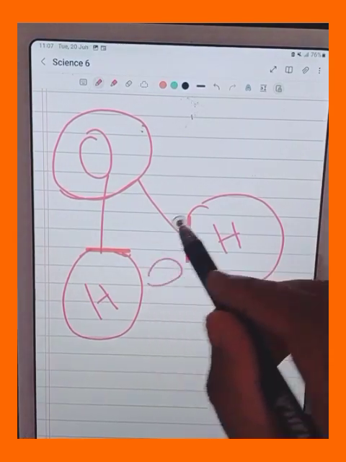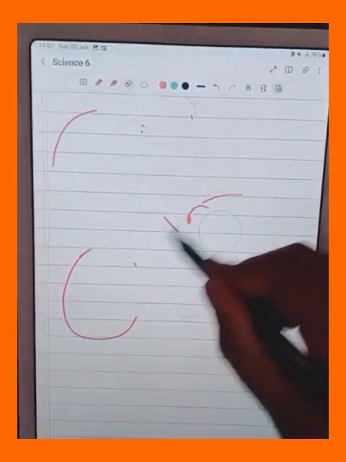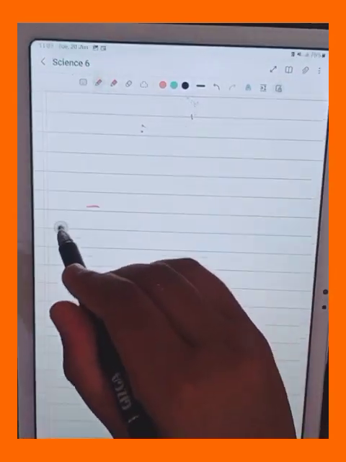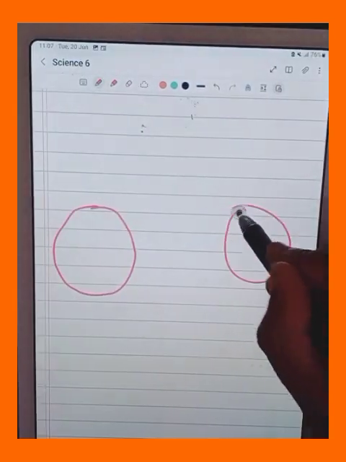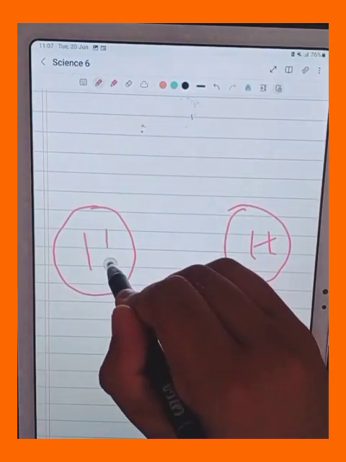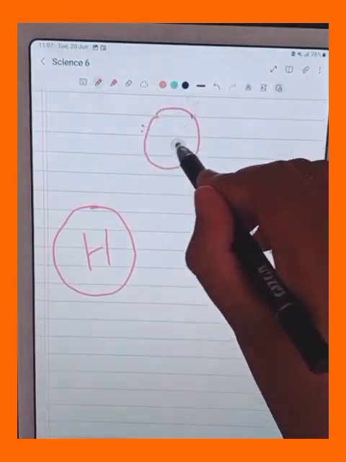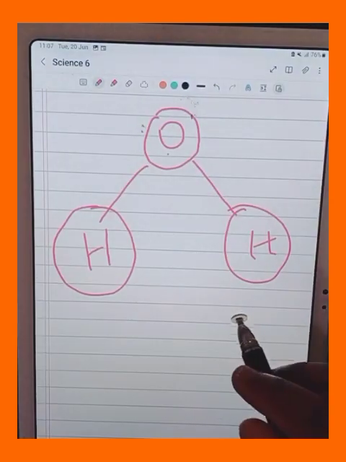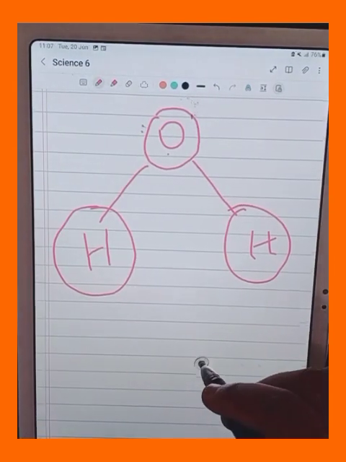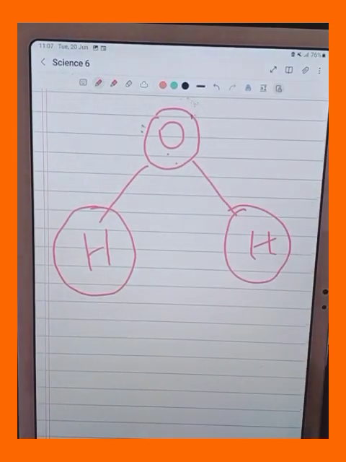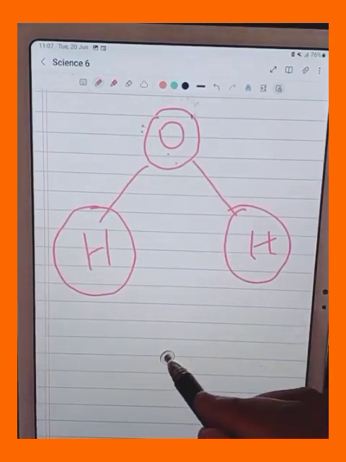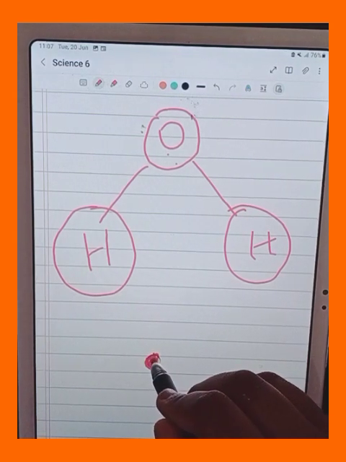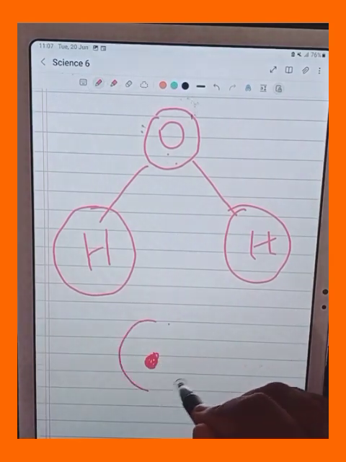The space between, I will just make it good, just a minute. For example, this is a hydrogen atom and this here is an oxygen. So when they combine, I should tell you that oxygen has atomic number 8. Like this is a proton, and around this are electrons.